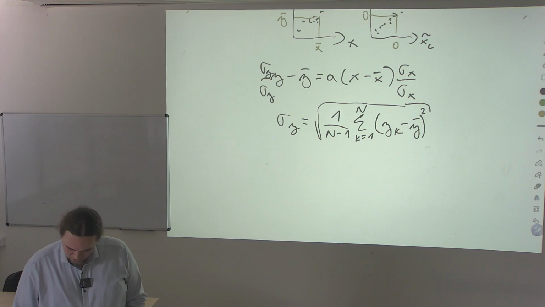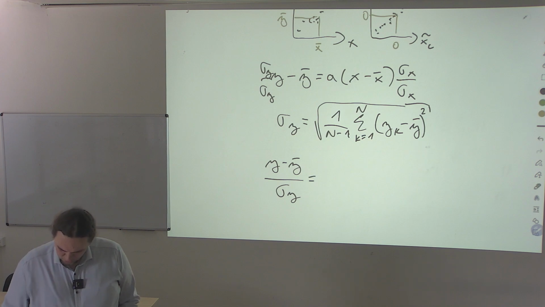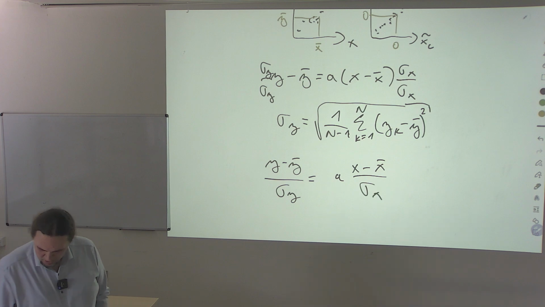So if we do this, y minus y bar divided by sigma y is equal to, there will definitely be x minus x bar divided by sigma x.